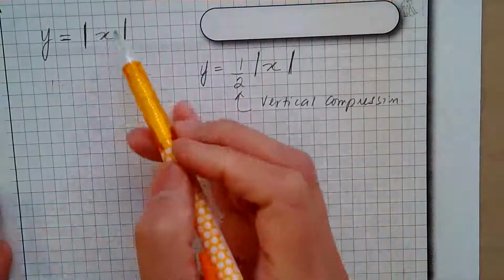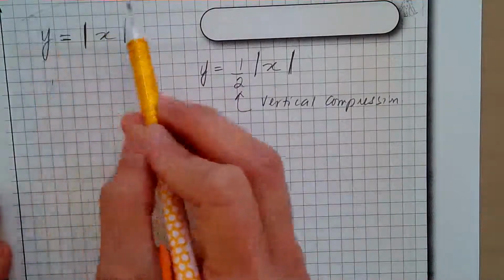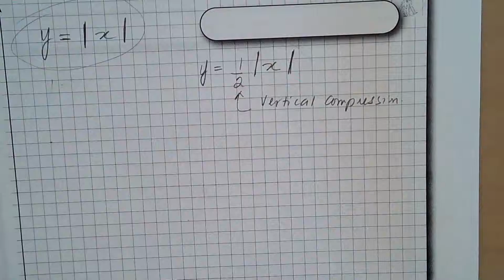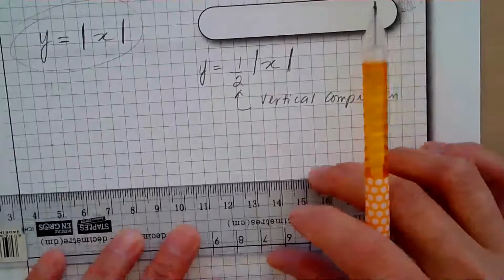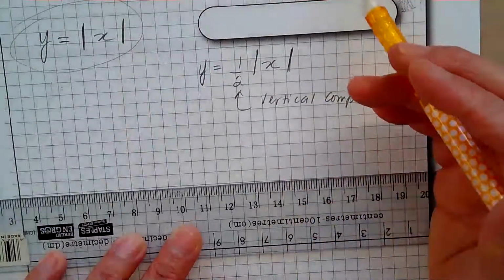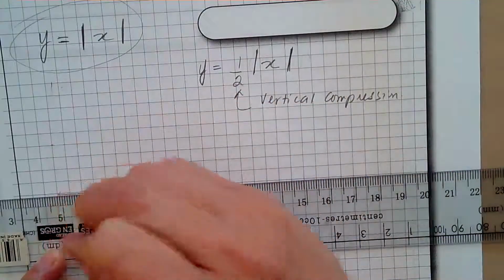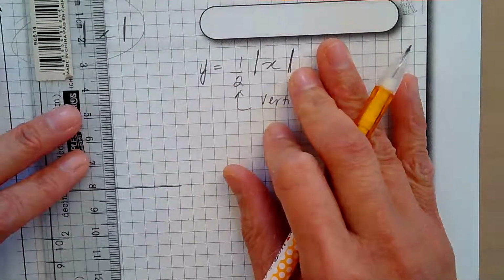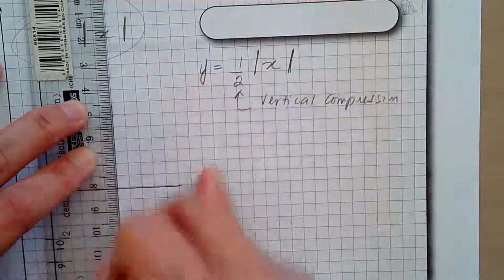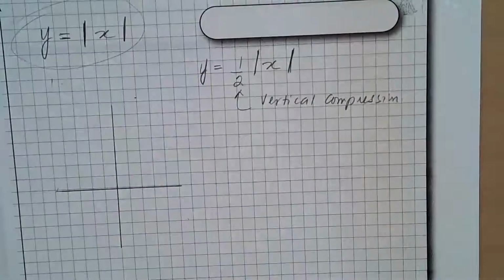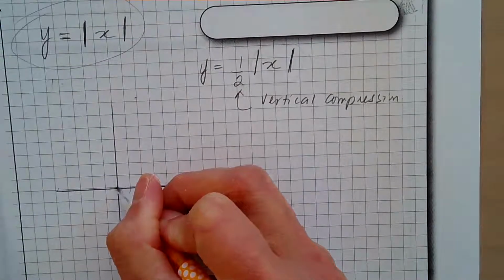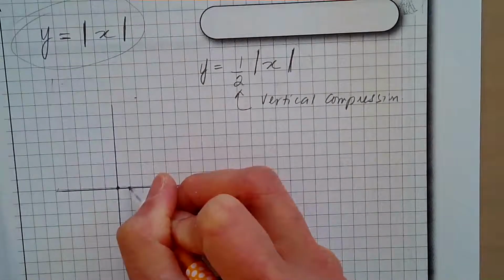Okay, how do we graph this to begin with? Let's start with something that we already know, and then we can do the compression after. Absolute value of 0 is 0. Absolute value of 1 is?